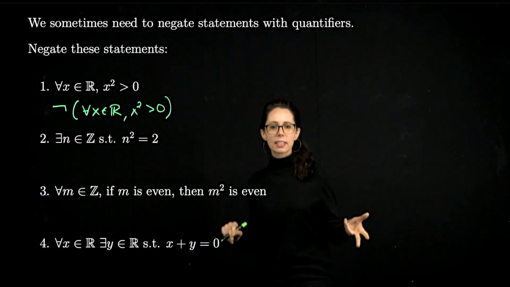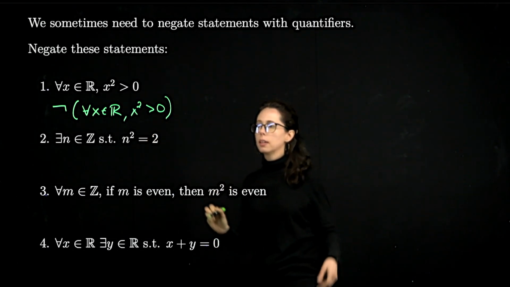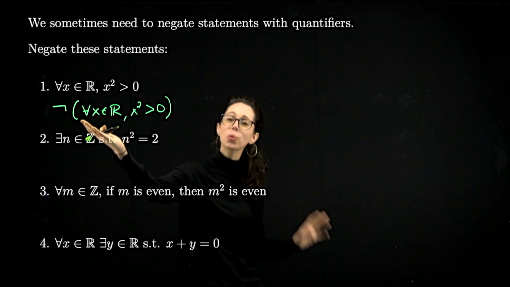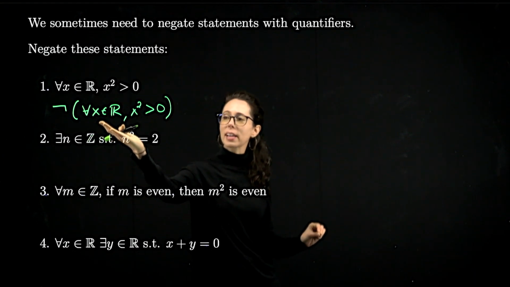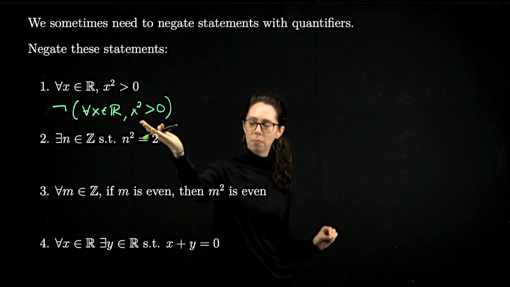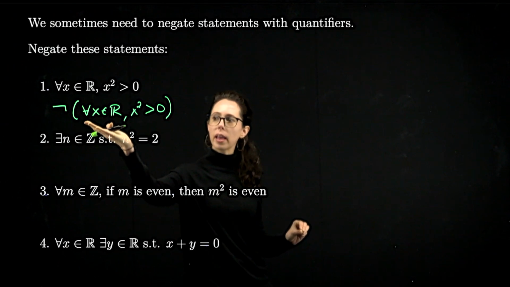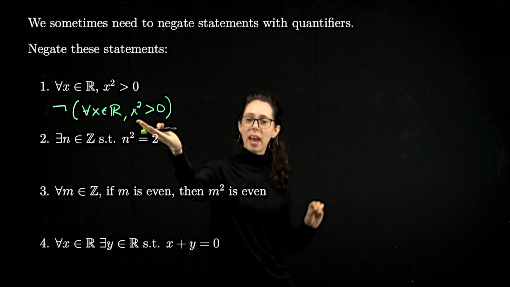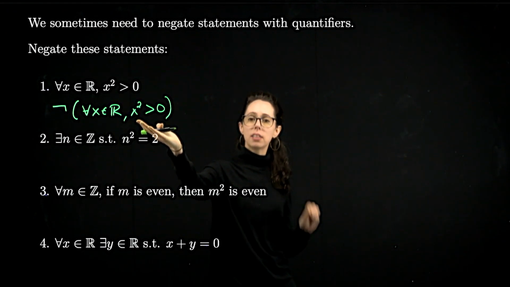So negating this statement means that it's not true that every single x makes this property true. The negation of for all x a property holds is there is an x for which the property does not hold.